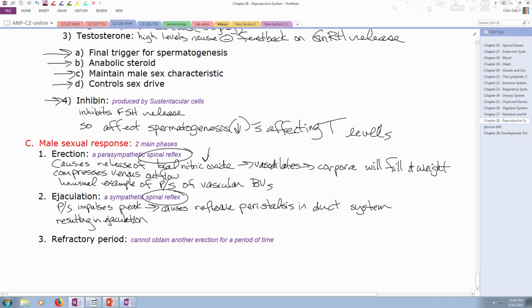Another erection cannot be obtained for a certain period of time, and what happens is we have resolution of vascular congestion. So in other words, blood is leaving, and this takes time before another cycle can be initiated.